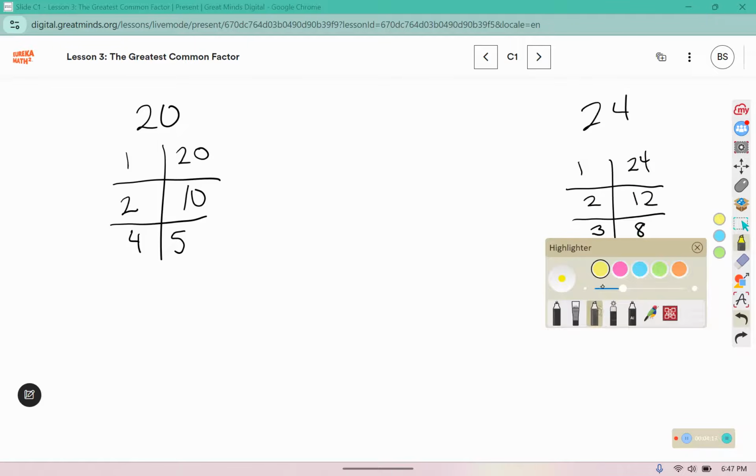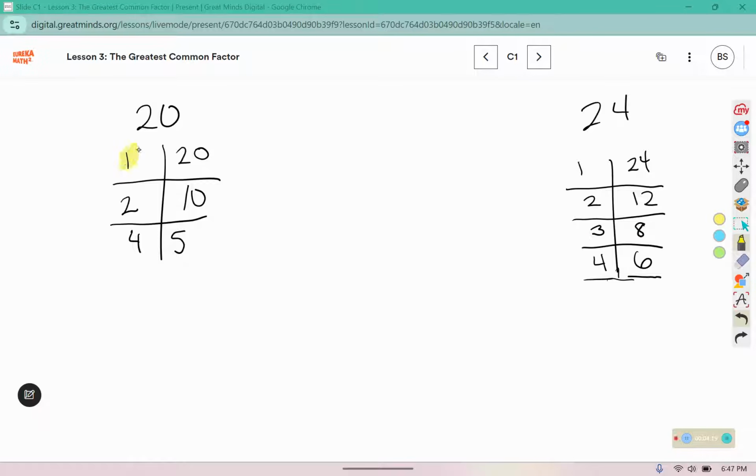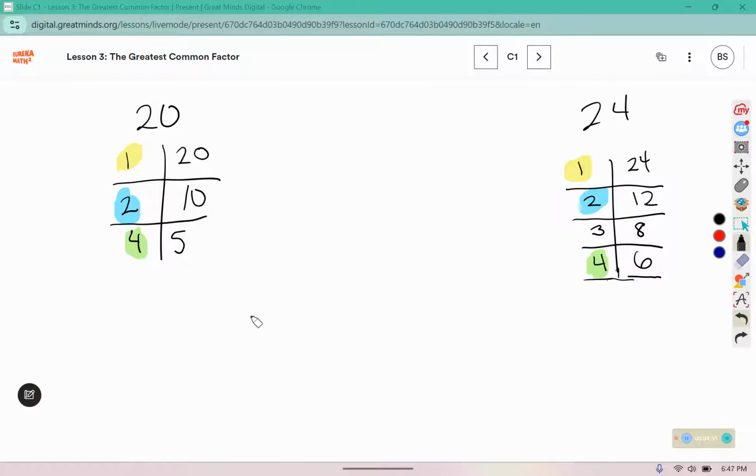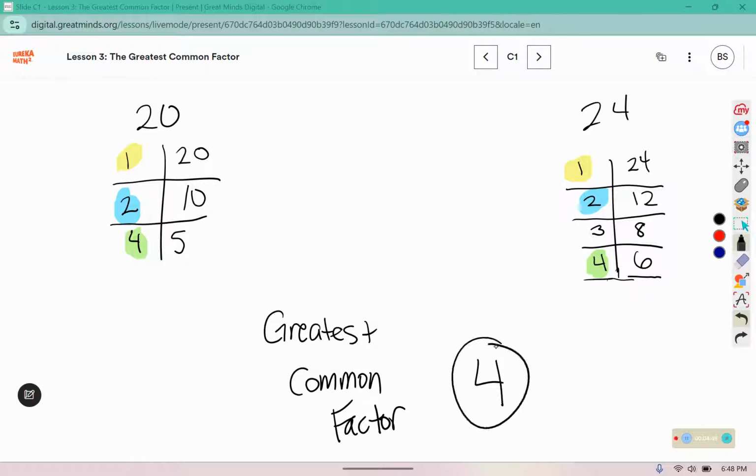Now I'm going to go through and I'm going to highlight the common factors. We are looking for the greatest common factor, meaning the biggest one. The biggest number they have in common is 4.